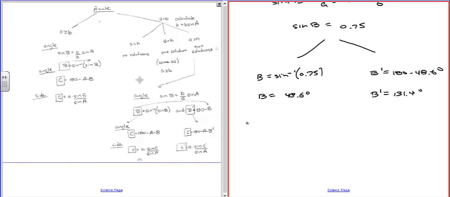Now, in this case, same thing. We're going to find angle C by subtracting angle A, which is 40, and angle B, which is 48.6, from 180. So that's 91.4.